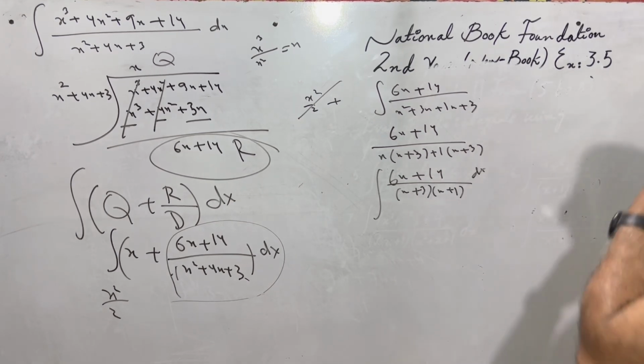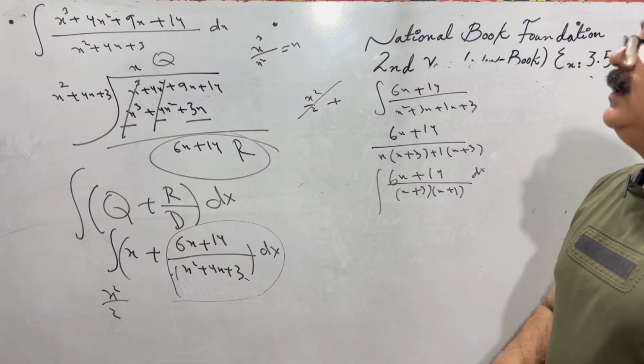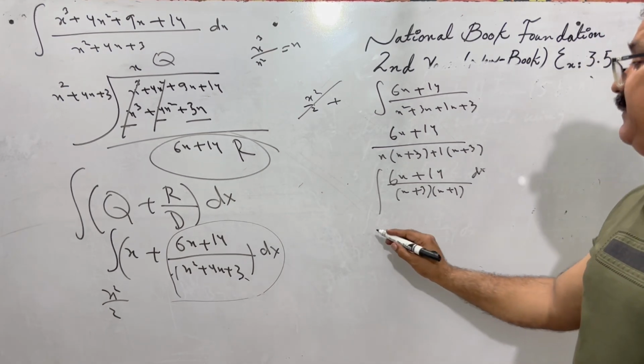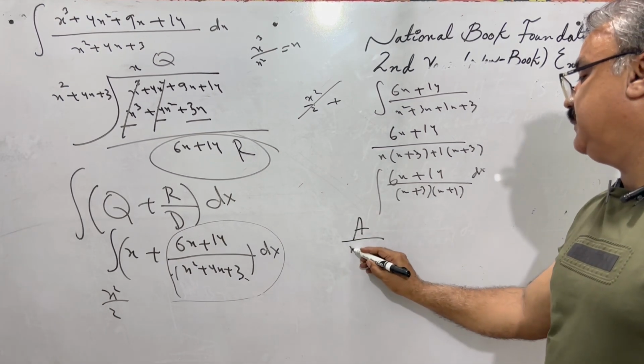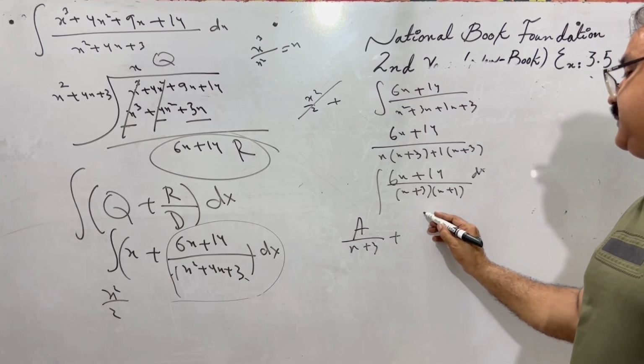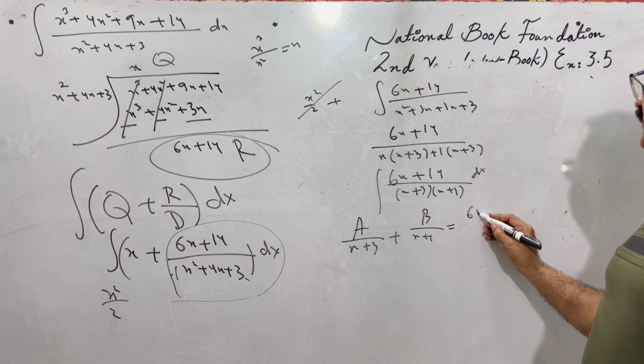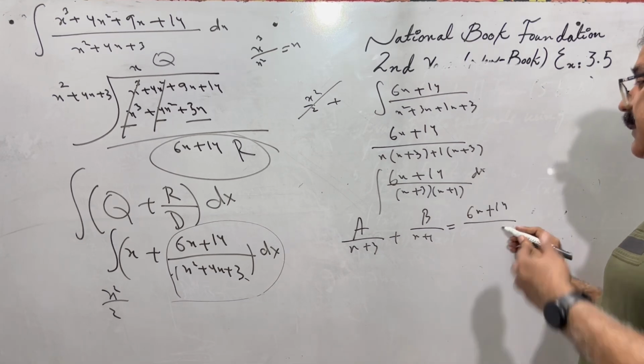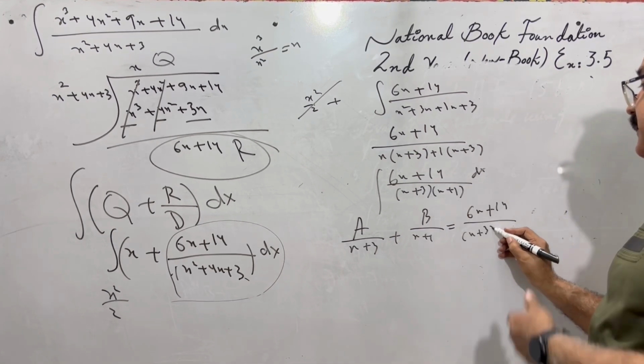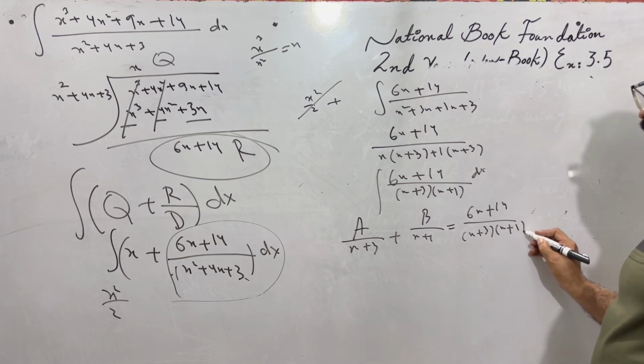Now apply partial fraction. A over the first bracket, since it is linear and different in this case, B over x plus 1 is equal to 6x plus 14 divided by x plus 3 times x plus 1.